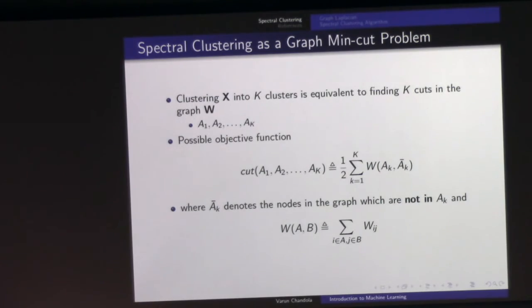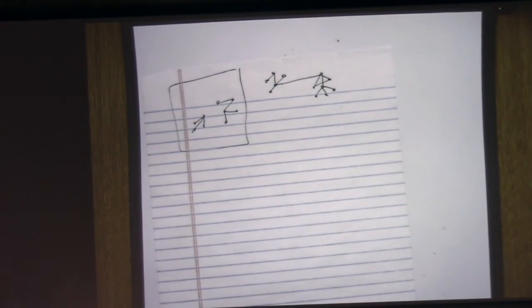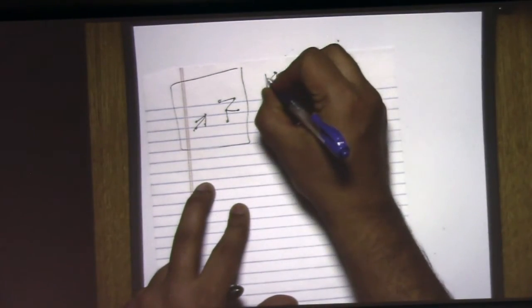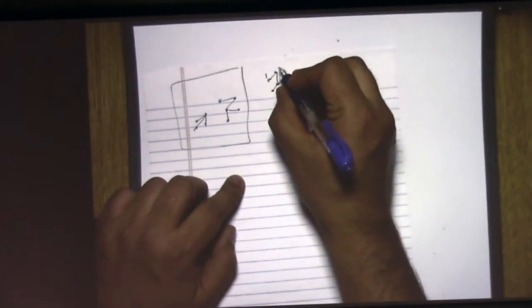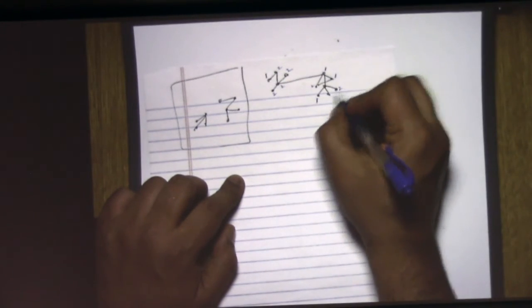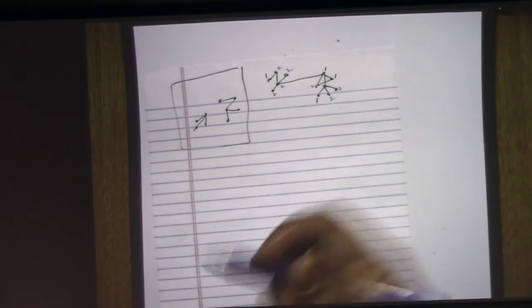So if you go back here, for example, in this scenario, you can split the graph into two parts anyway. One way could be that I'm going to put a number. I'm going to call this and this one part, and this the other one. So this could be one possible cut, but this is not a very good cut.